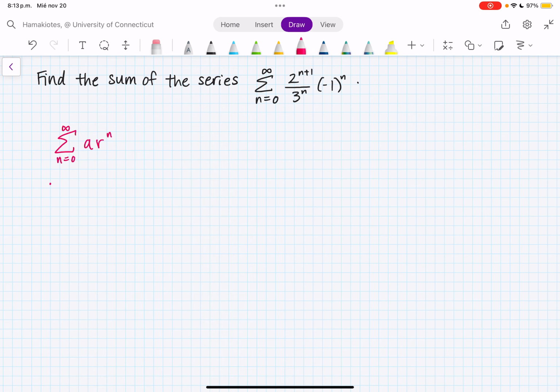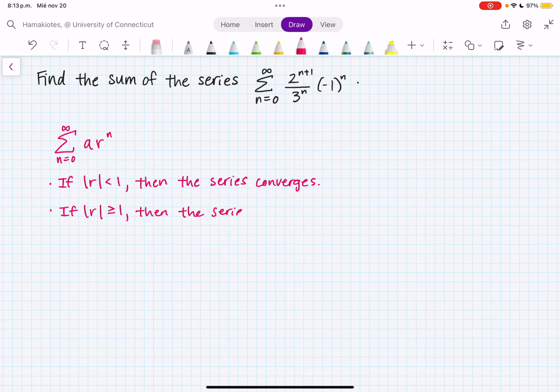So if the absolute value of r is less than 1, then the series converges. Now, if the absolute value of r is greater than or equal to 1, then the series diverges.